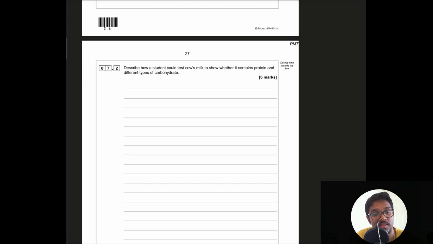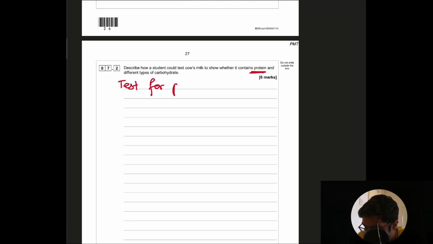Okay, so for cow's milk to contain protein, the test for protein is that you add Biuret reagent.